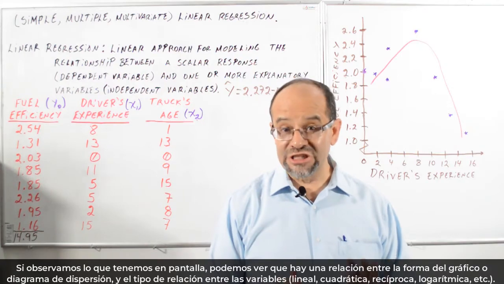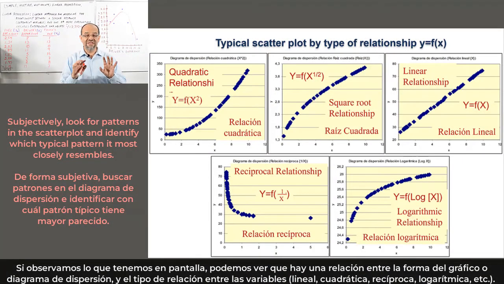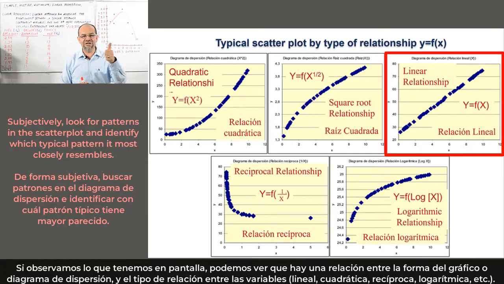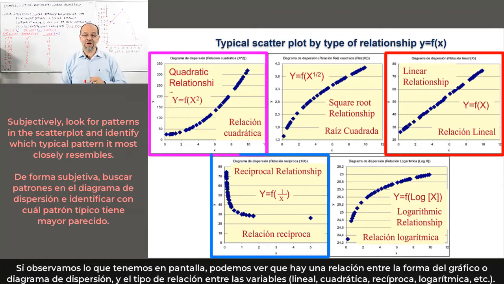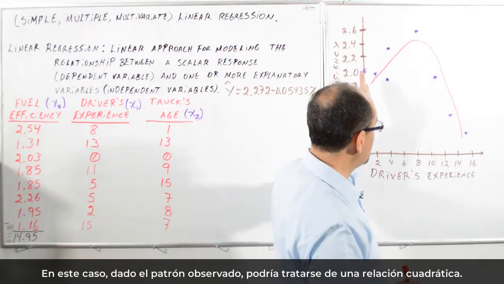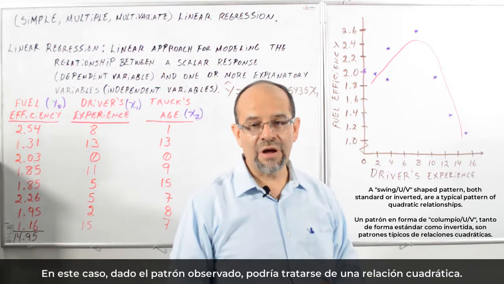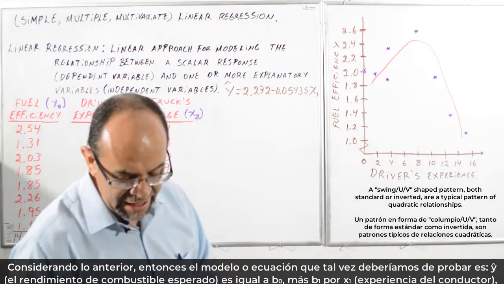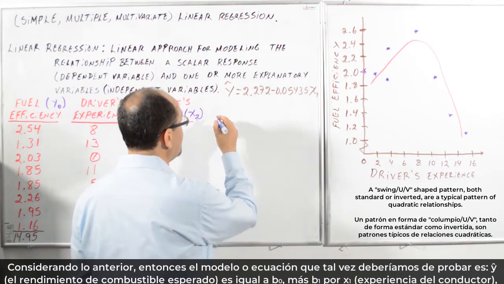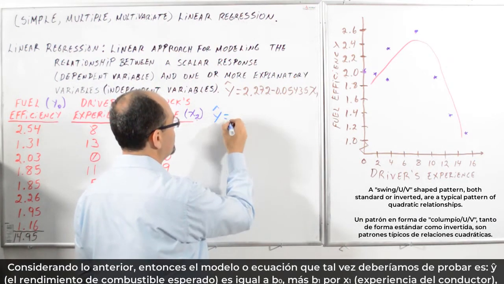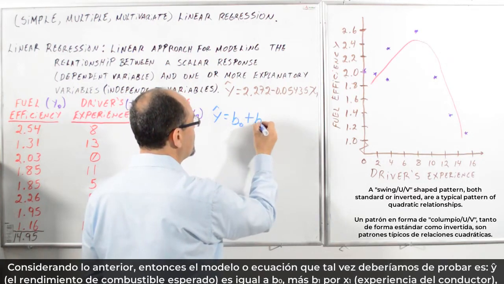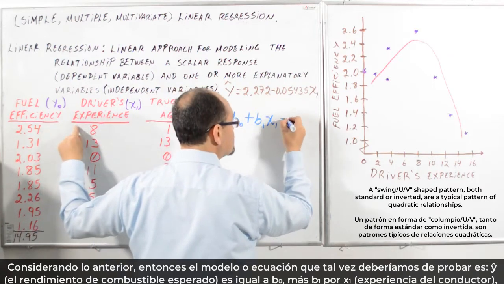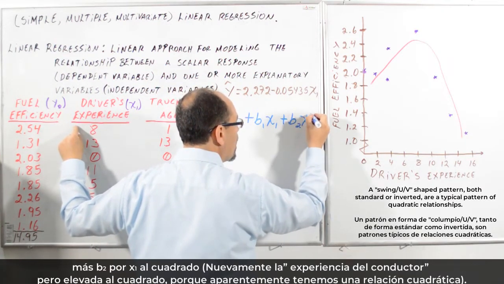If we take a look at your screen, you can see that depending on the form of the graphs, on the scatter plot, it can be a linear relationship, a quadratic relationship, a reciprocal relationship, a logarithmic relationship, etc. In this case, since we are having something like that one, maybe we are having a quadratic relationship, and that means that the model, the equation that maybe we should try is: y expected, which is the fuel efficiency, equal to B0 plus B1 x1, driver's experience, plus B2 x1 square.